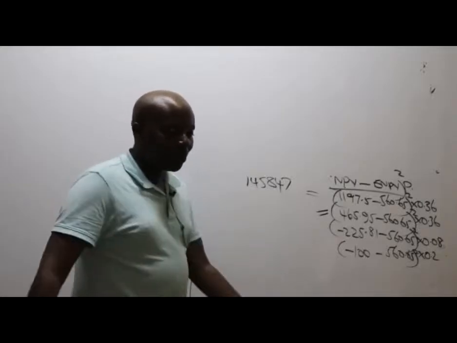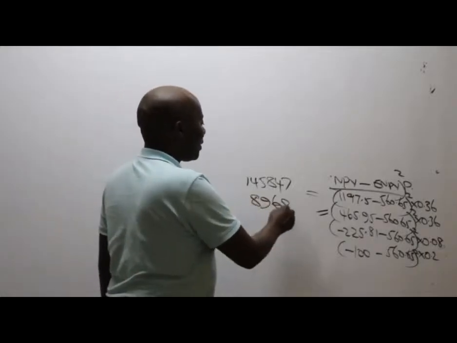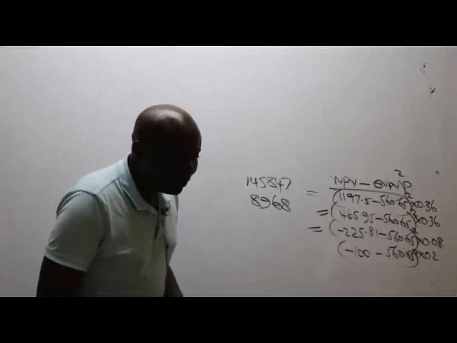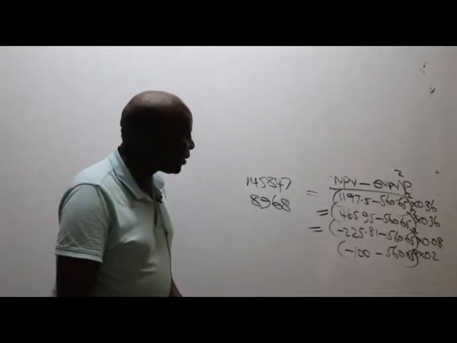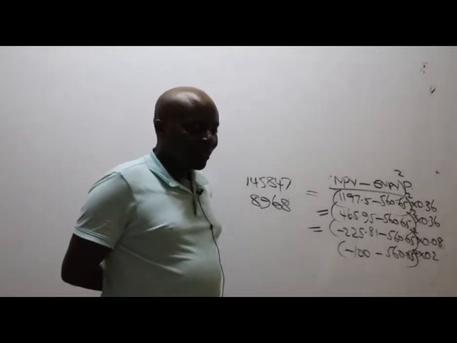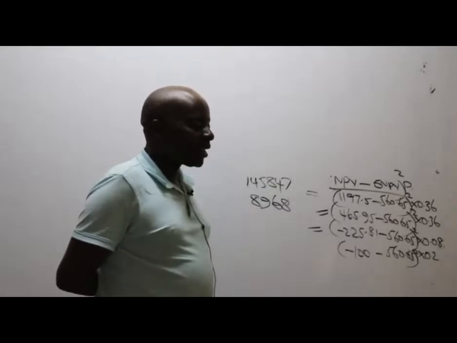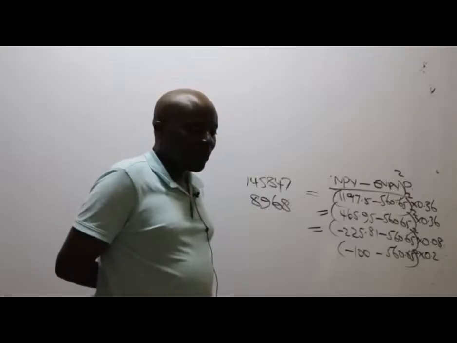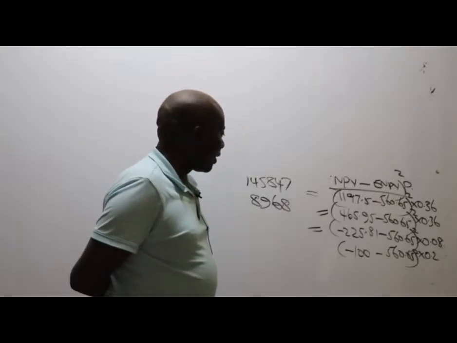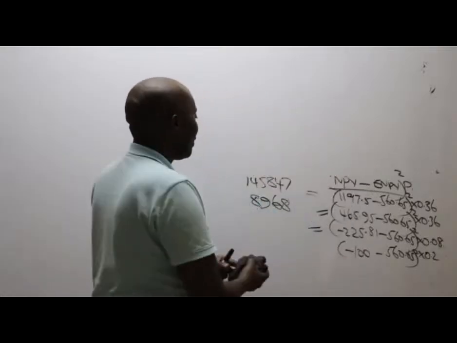The second one: 8968. Go to the third one. Silvanus says that the first one is supposed to be 146,008. So it means that today, for the first time, Sue has cheated me. No worries.